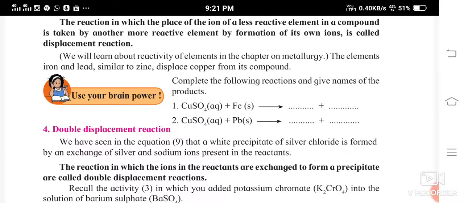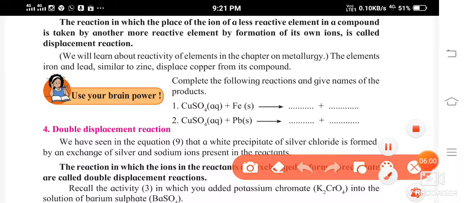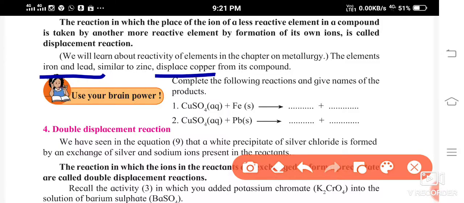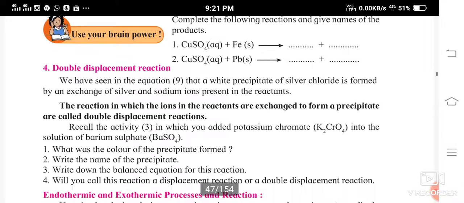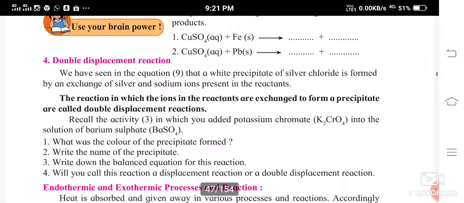Copper sulfate plus iron: you know what is going to displace what. Iron and lead are going to displace copper. So you are going to try this: copper sulfate plus iron, what is going to form? Copper sulfate plus lead. It's just like equation 3.